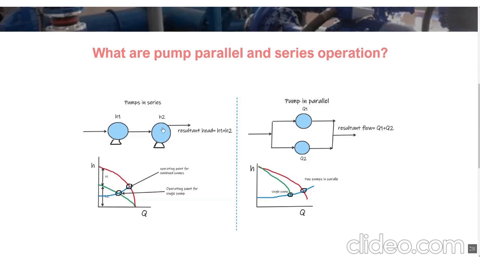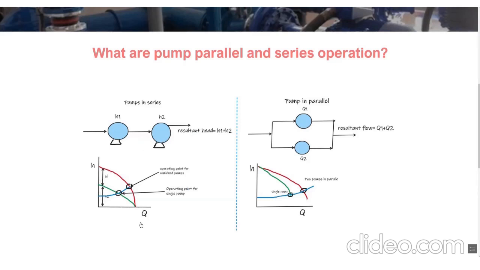So in this way, the pressure developed by the first pump and the pressure developed by the second pump both will add up, and the net resultant head or pressure developed shall be equal to the sum of the pressure developed by both these pumps.